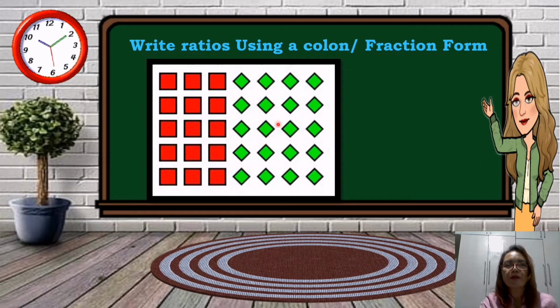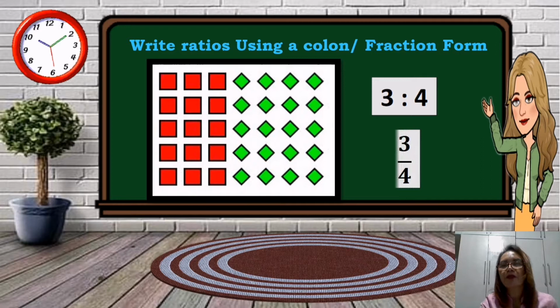Since 15 and 20 have a common factor, which is 5, we need to simplify our answer because ratio can also be simplified like fraction. Okay? So, 15 divided by 5, we have 3. And 20 divided by 5 is 4. So therefore, our answer becomes 3:4. Okay, that is in colon form, and then in fraction form we have 3/4.